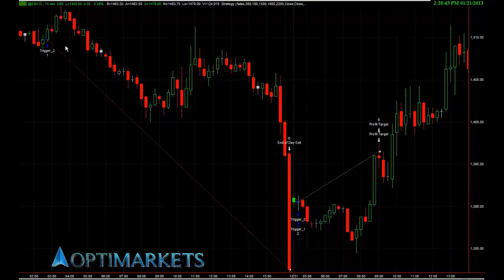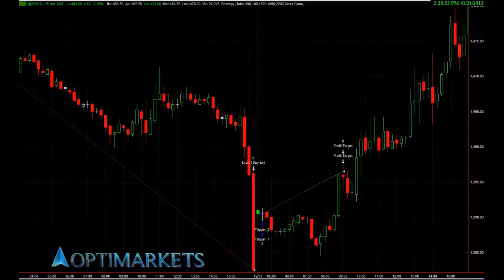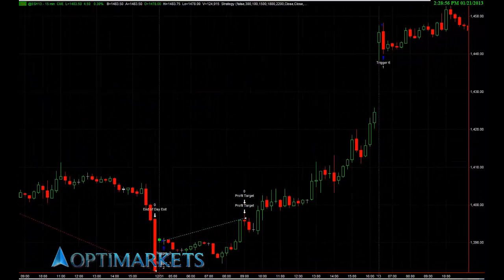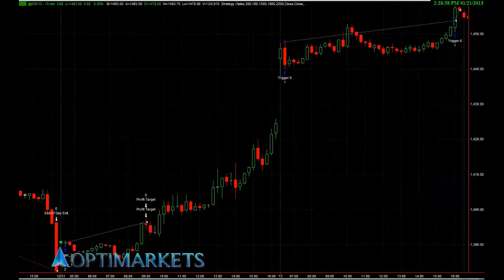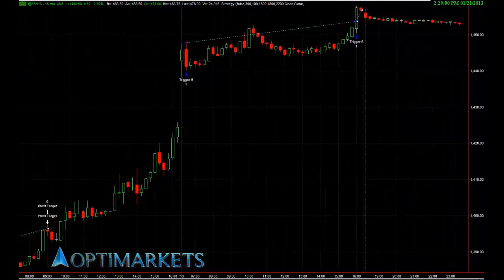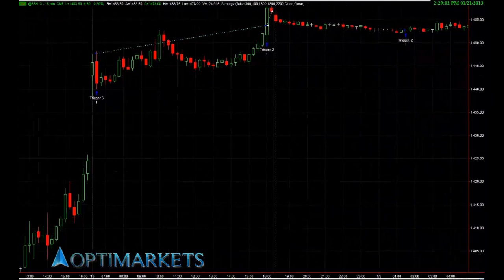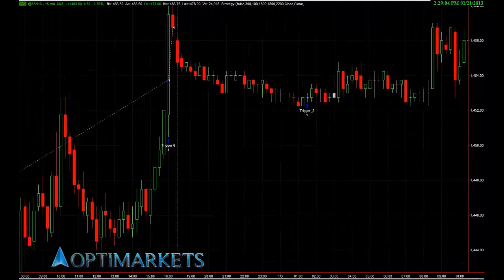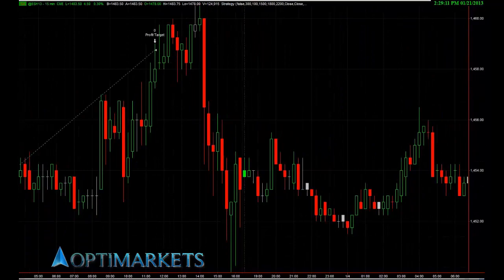And although you lost 40 points here and you only gained 5 points here, the money wagered would have been the same, therefore your account even. And then, as the days progressed, you could have taken another winning trade, another winning trade, yet another winning trade, and perhaps even another winning trade.